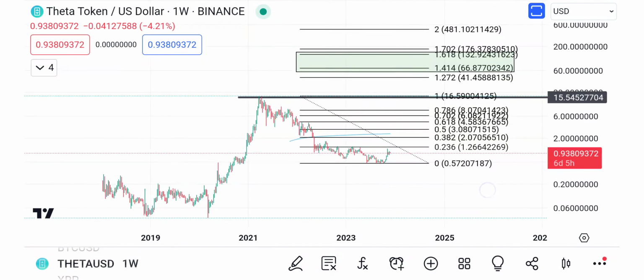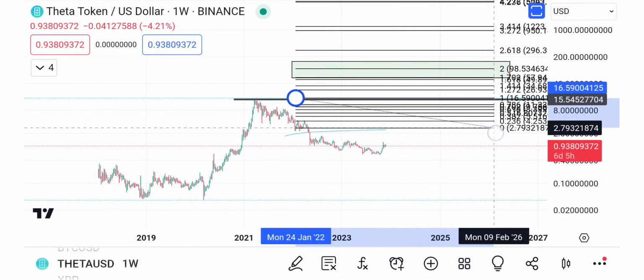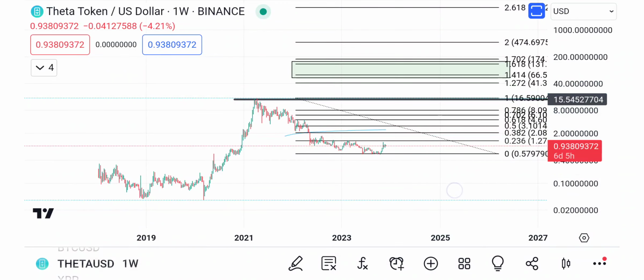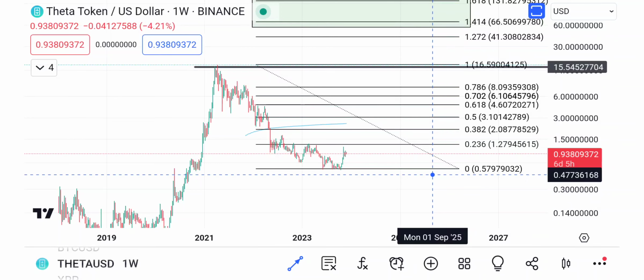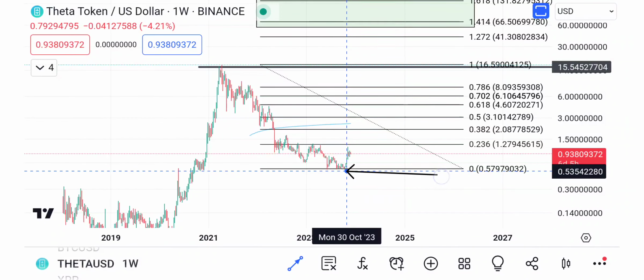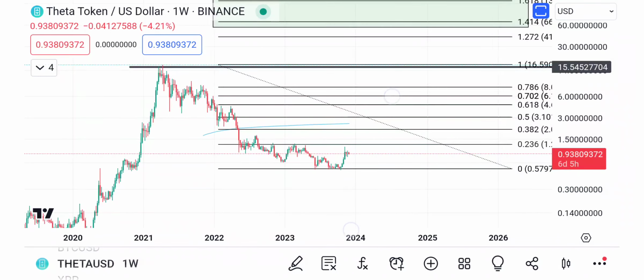So basically, if I take a Fibonacci and I pull it down to the low, given that this is the low, it may not be the low. And you say, well, why might it not be the low?